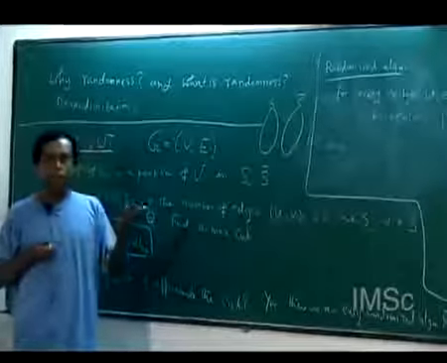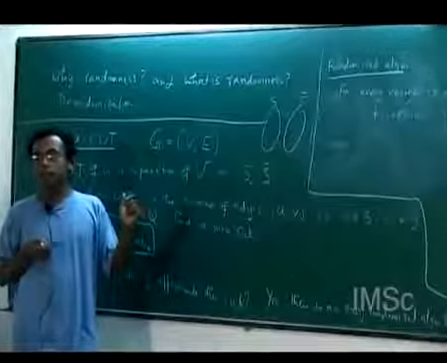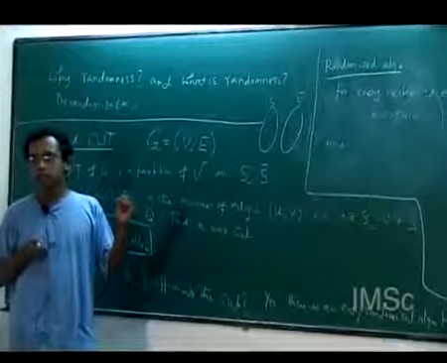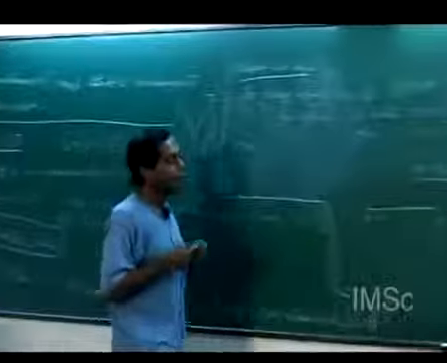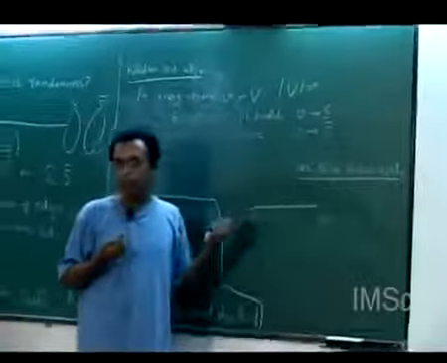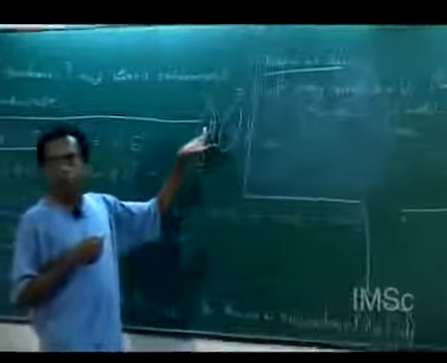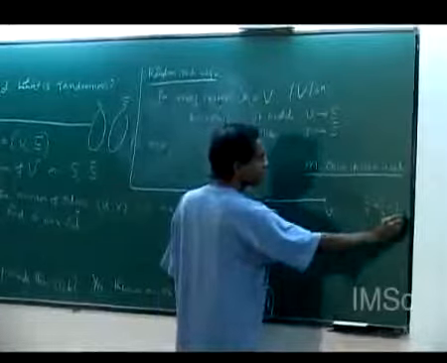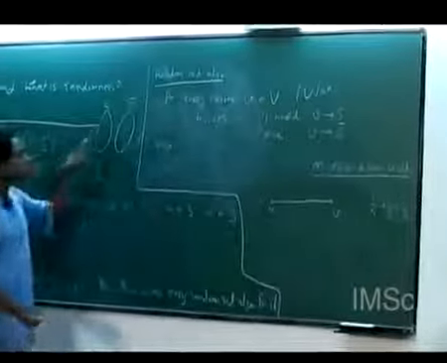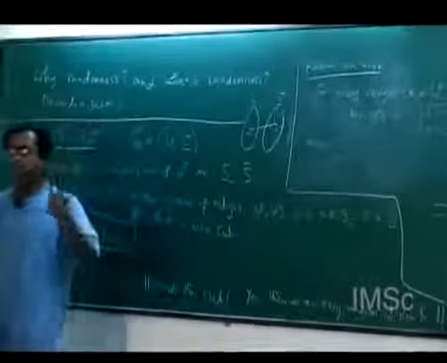Then what is the probability that you get head for both U and V? One by four. And the same for tail. So the total probability that the edge will not be in the cut is clearly half, 1/4 plus 1/4. So that means with probability half the edge will be in the cut if you do this random partition.